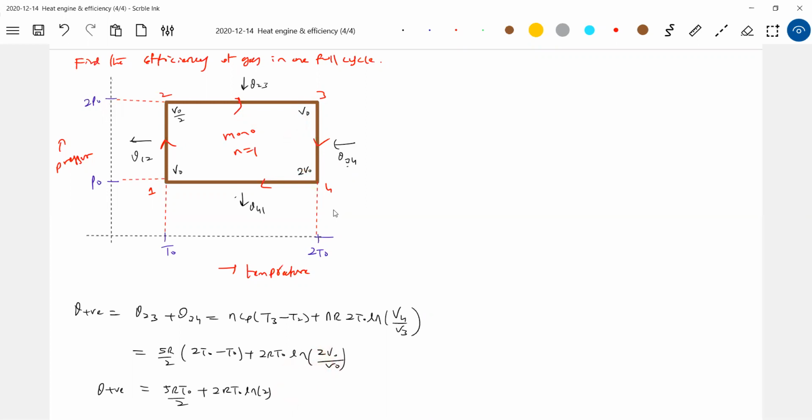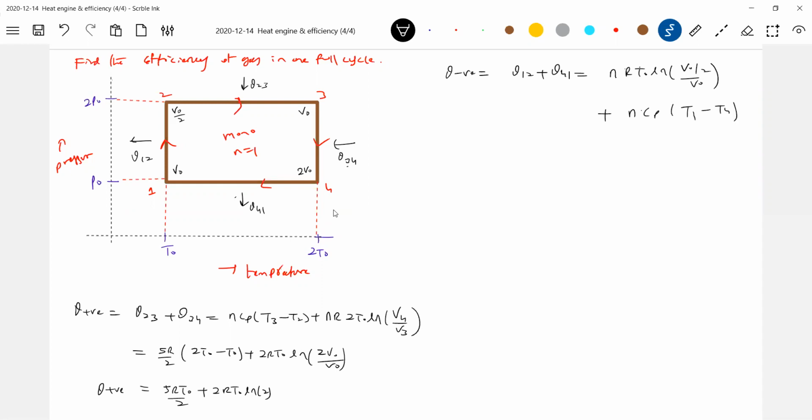Okay, what about Q negative? Q negative will be Q12 plus Q41. Q12 is n R temperature T naught, log of V naught by 2 by V naught, plus n Cp (T1 minus T4).